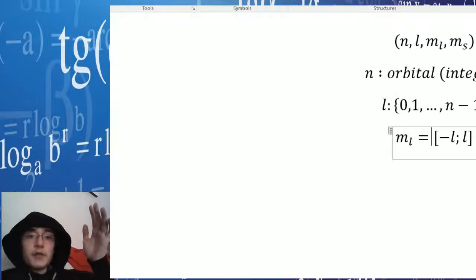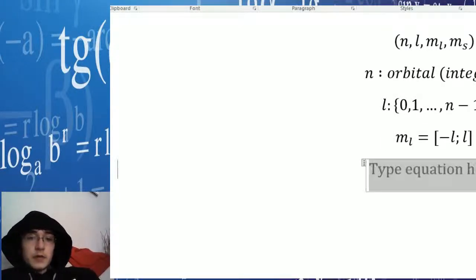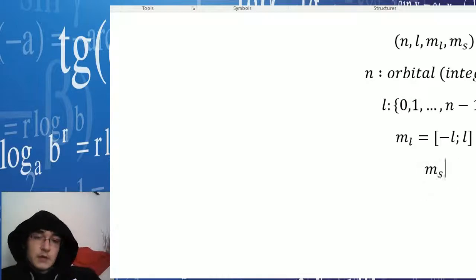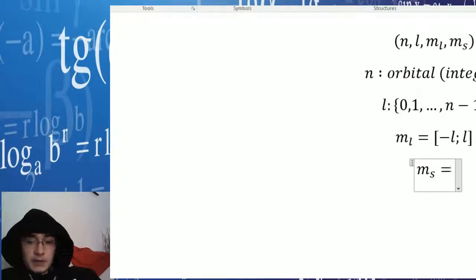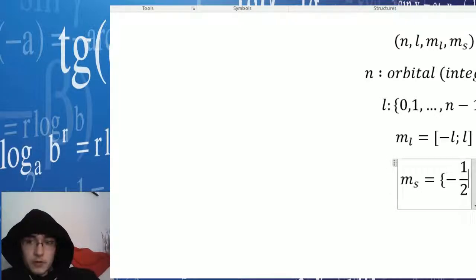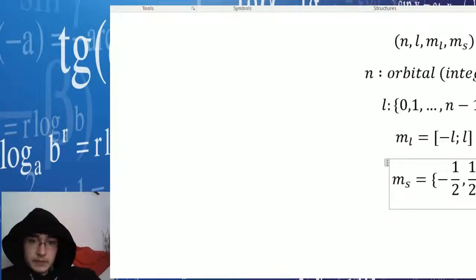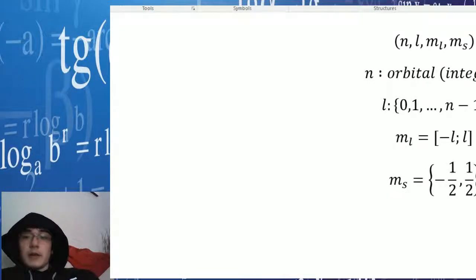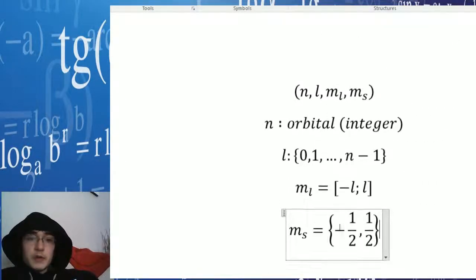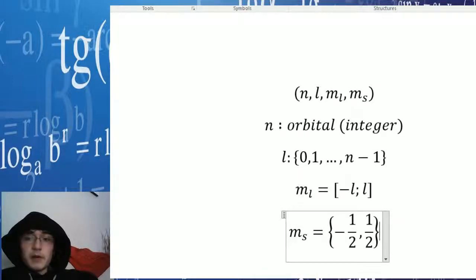Now, more interestingly, m_s, the spin number, is either minus 1/2 or 1/2.